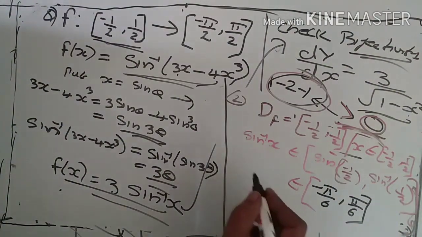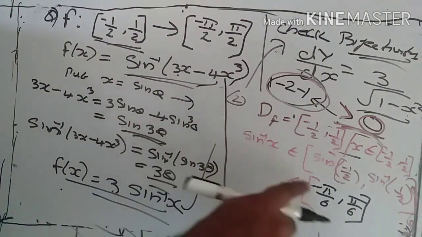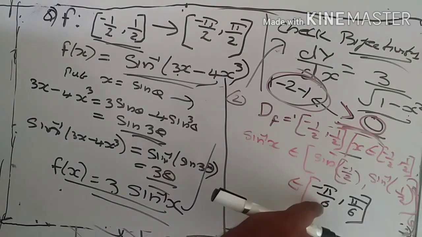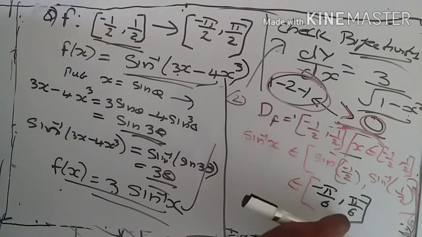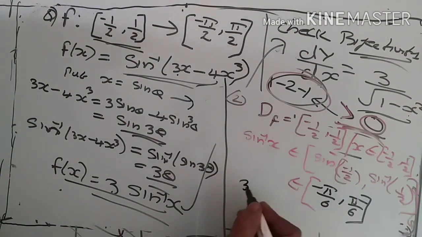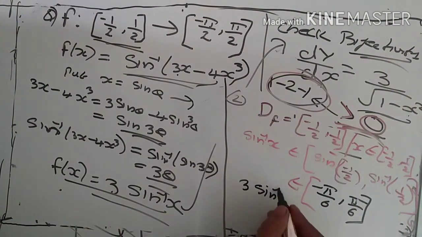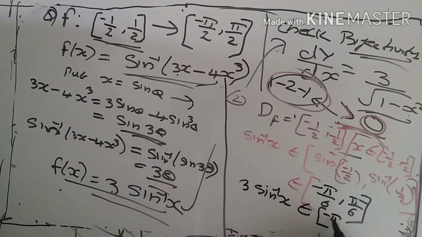So 3 sine inverse x means 3 into minus pi by 6, that is minus pi by 2, and 3 into pi by 6, that is pi by 2. So 3 sine inverse x belongs to minus pi by 2 to pi by 2.